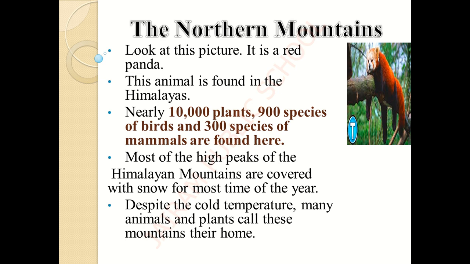So in the northern Himalayas, nearly 10,000 varieties of plants can be found. Imagine what a variety of plants exists there. It is very natural friendly. 10,000 species of plants are there, about 900 different species of birds exist here, and apart from that, 300 species of mammals are found here.